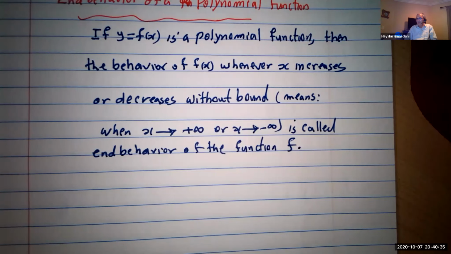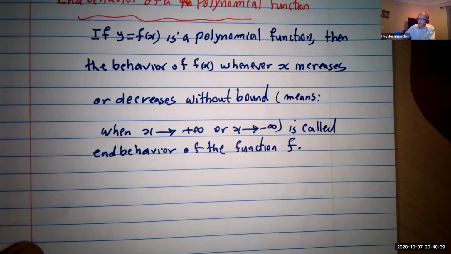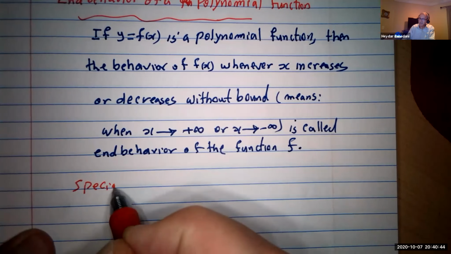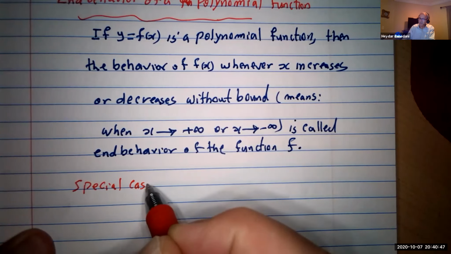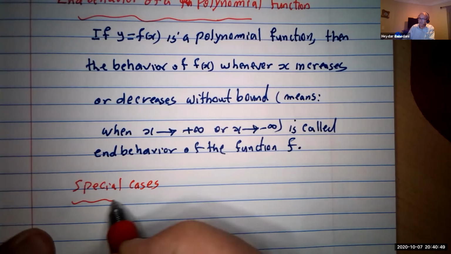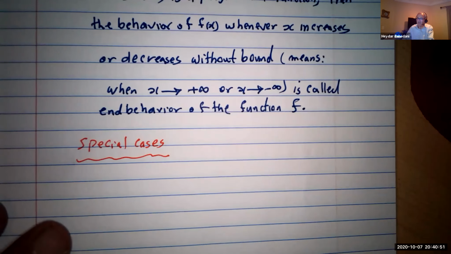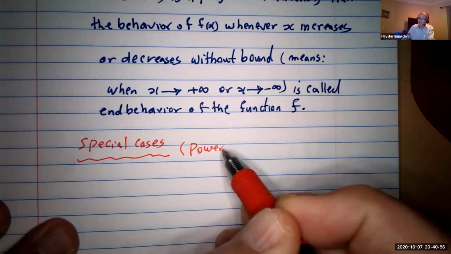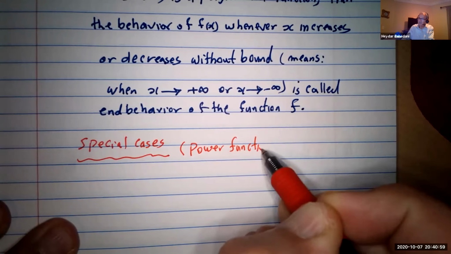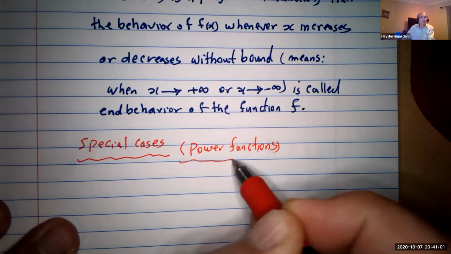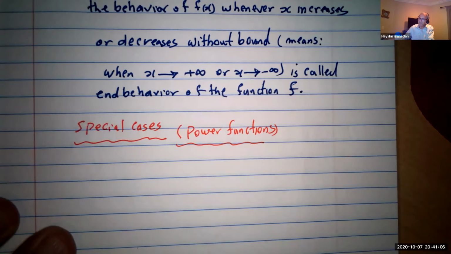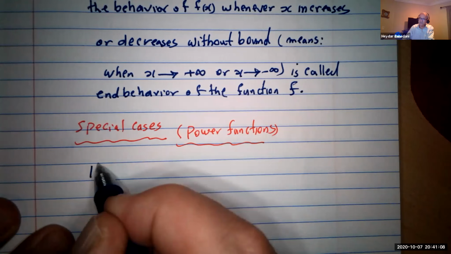Now, in order to be able to do it, we need one special case, or cases. So we look at the power functions. This is going to be the first part.